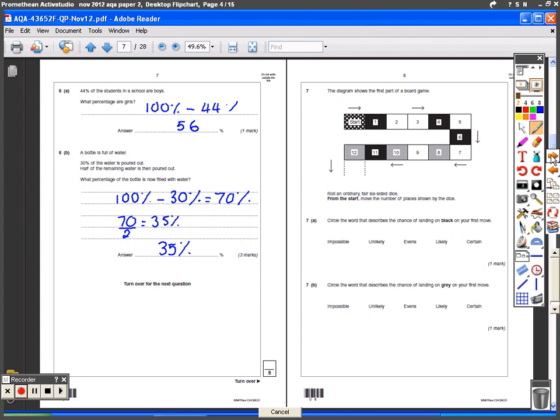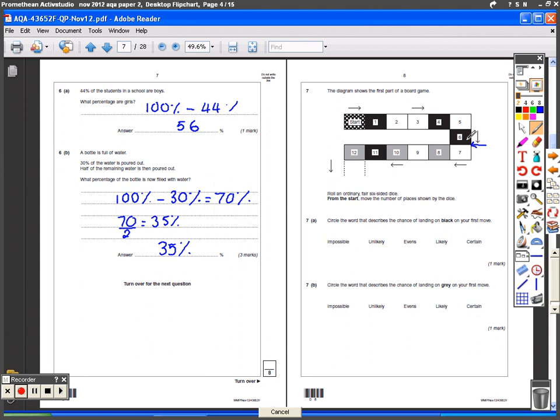Okay, question 7. The diagram shows the first part of a board game. Roll an ordinary fair six-sided dice upon the start. Move the number of places shown by the dice. Circle the word that describes the chance of landing on a black on your first move. Of course, the biggest number that we can throw on a dice is 6, so I could get to this stage here.